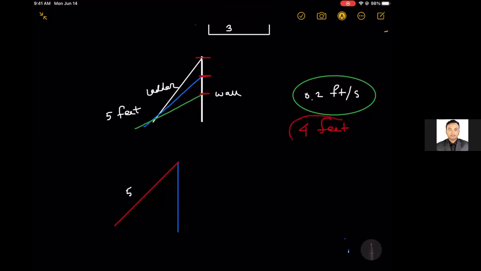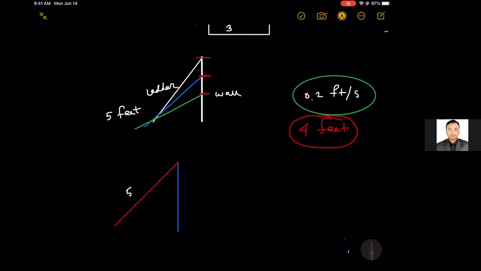Anyway, what's this? If you can understand what's this, then your job is actually done. This is the distance from the foot of the ladder to the wall. The distance between the foot of the ladder and the wall. So which length is that? What do you think?